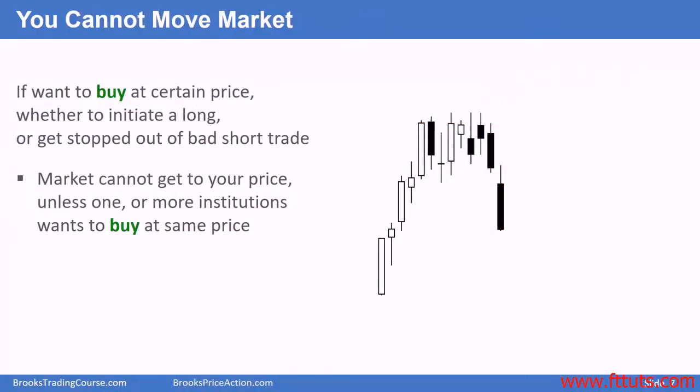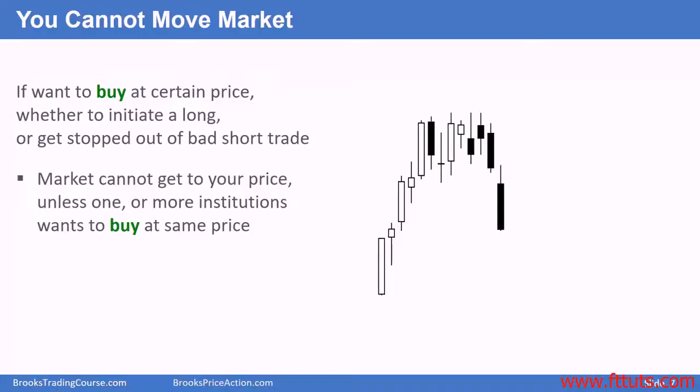Now, I said a moment ago, you cannot move the market. If you want to buy at a certain price, whether to get long or to get stopped out of a bad short, the market will not get to your price unless one or more institutions wants to buy at that same price. This is definitely true in major markets like the E-mini. At every given price, there are hundreds, sometimes thousands of orders from institutions at the market, one tick above the market, one tick below the market.